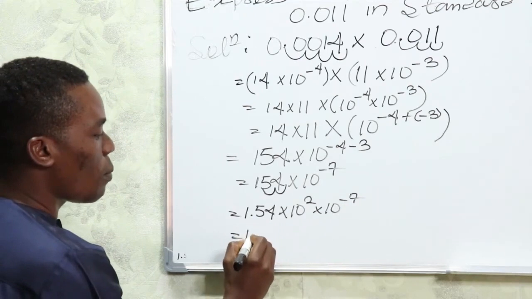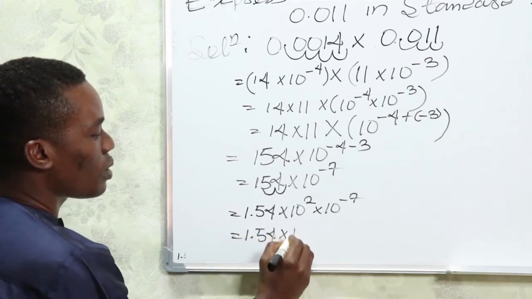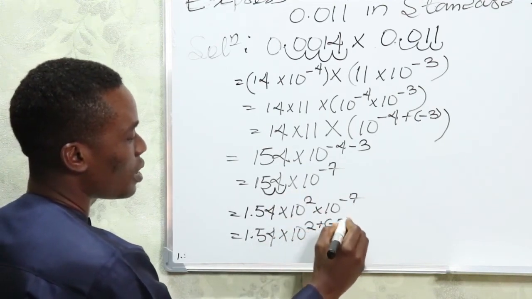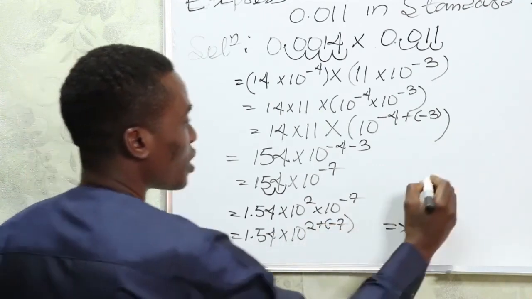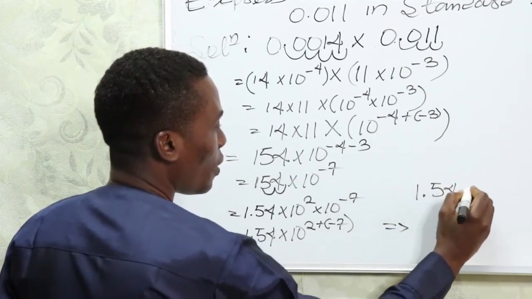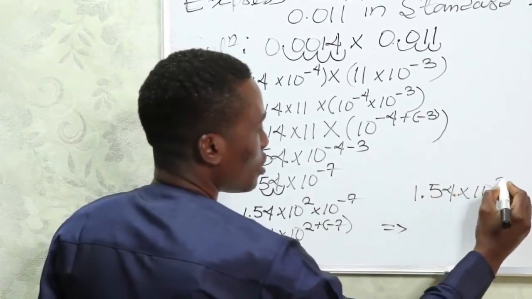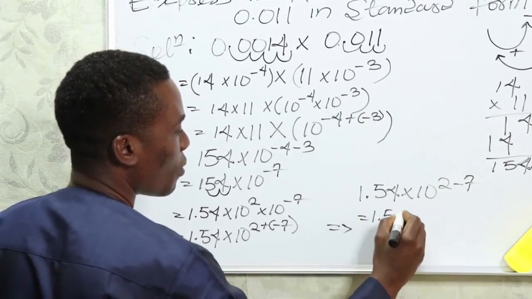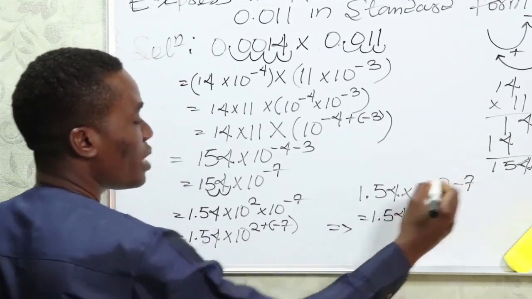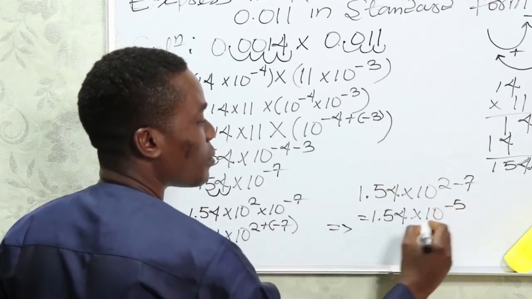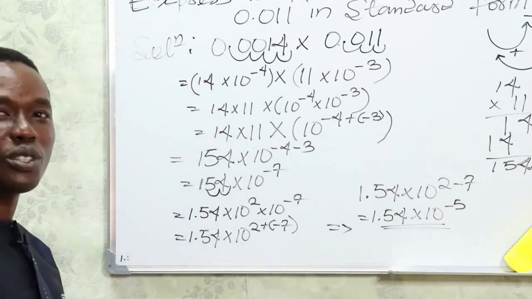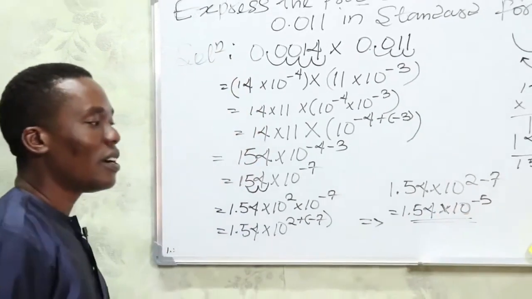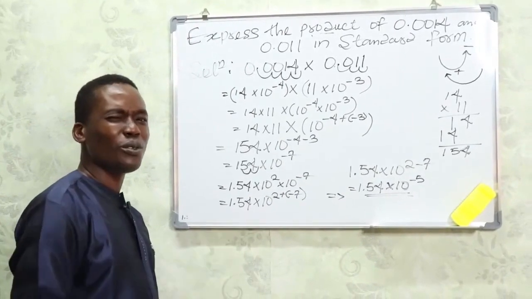Simplifying further, using the product law of indices, we have 1.54 times 10 raised to power 2 plus minus 7. That is 2 minus 7, which gives us minus 5. So your final solution is 1.54 times 10 raised to power minus 5. That's the solution to that question.